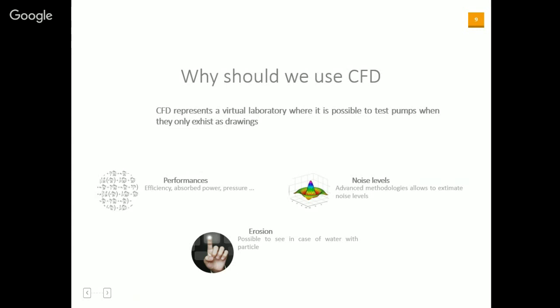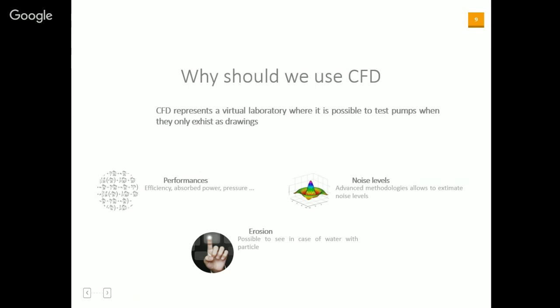So the only thing we need is a CAD file, a 3D model file that can be designed with most of the CAD software currently used by industries. By using CFD software, we can estimate performances such as efficiency, absorbed power, or head of our pump.